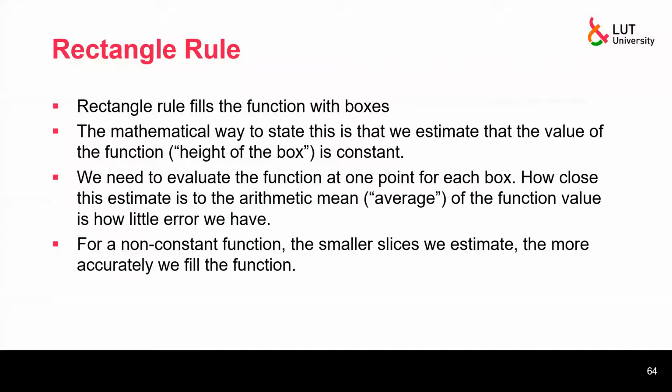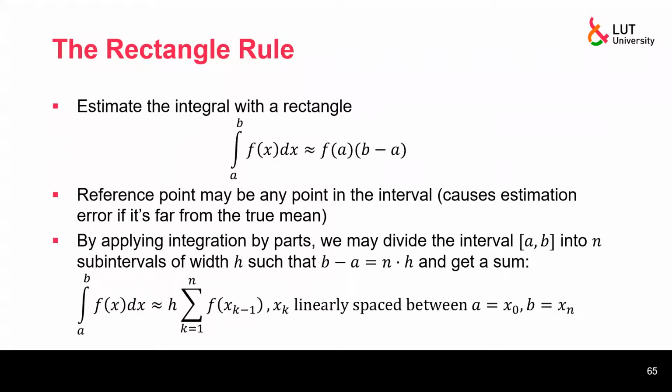The rectangle rule fills the underside of the function with boxes and just sums the area of those boxes. So the formula works like that. Do note that this is the beginning point formula, so we're using f(a), which is the starting point.